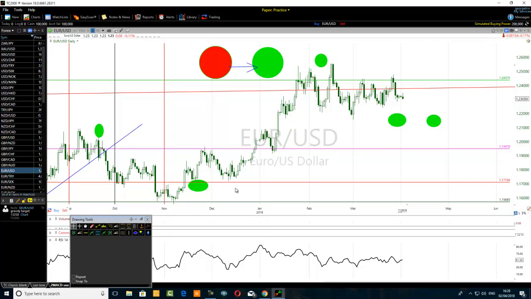You can see that I'm going to put a vertical red line there. This is the euro dollar on the daily chart, around the 18th of December 2017. You can see that the euro dollar went up to February.